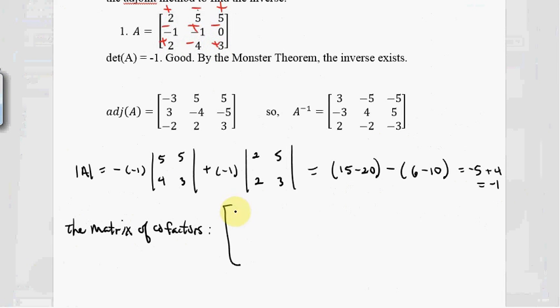So for this first entry, A11, I delete its row and column. So it becomes the determinant of the submatrix. So here, the sign is positive out in front.